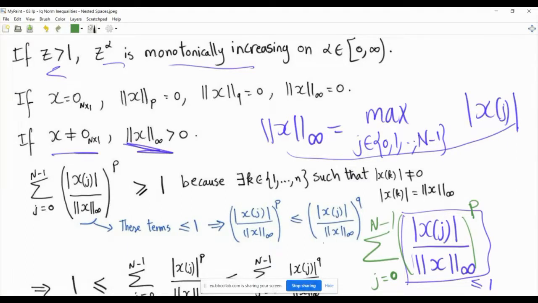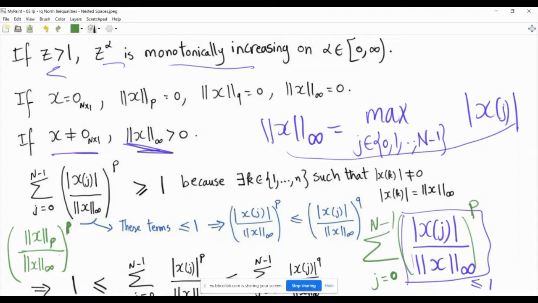So now, what do you get? What is this quantity here? The denominator is just a constant, the x infinity norm, and when you do the sum, you get the LP norm, and then everything is raised to the power p.